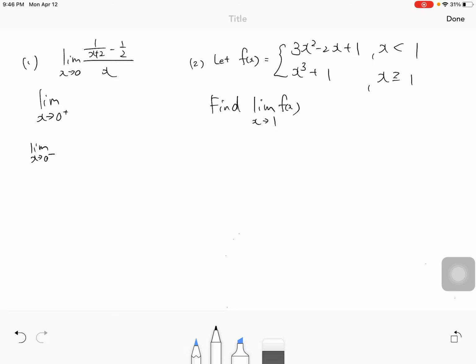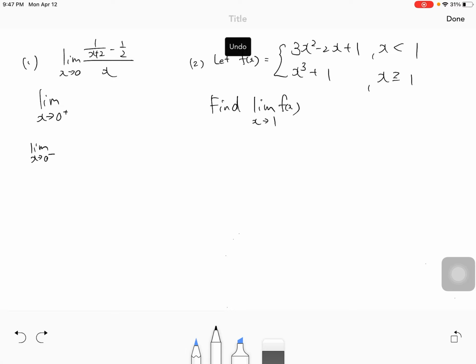But in this case, what you're going to do is exactly the same when you try to find out this one and this one. So actually you don't need to do it twice, but you have to make sure you approach from the right side and left side. It's going to be so important in the case of a question like this number 2.